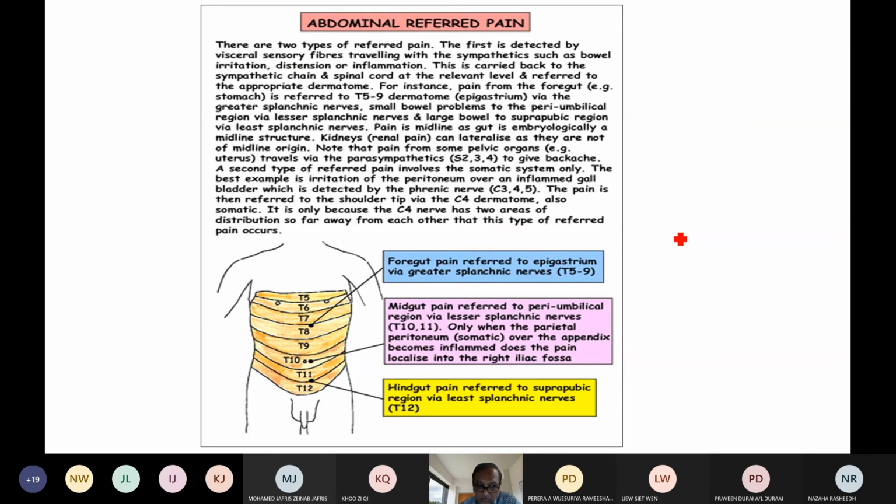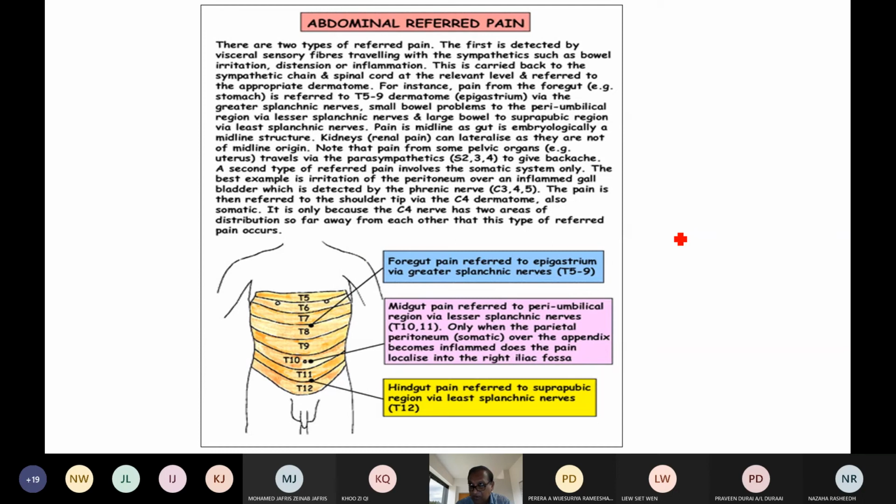To summarize, I want to present two types of referred pain. Remember, I already told you the questions that are usually asked on referred pain. A patient has come with vomiting, fever, a young adult girl, right lower pain. The pain is referred to the umbilicus. Why?